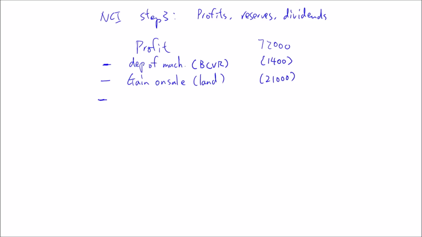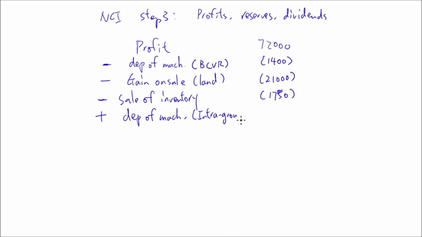The third one came from sale of inventory in the current year, and the amount was 1,750. Finally, we want to add back the depreciation of machinery, and this one comes from intra-group. And the amount will be 2,800. So that's the 4 adjustments that we want to include in our calculation of profit.